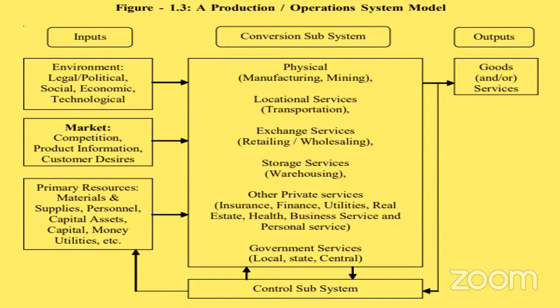Coming to the side beside this is the conversion process. Here is the physical, that is the manufacturing process. Various machines will be there. Mining is also a type of process. Location services, transportation should be there, because we cannot move a product from one place to another, or supply to a customer, if we don't have transportation.